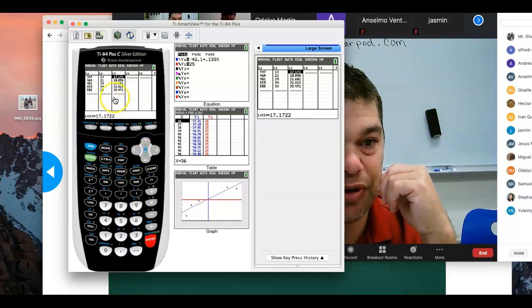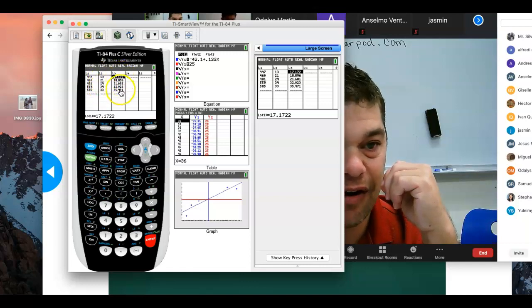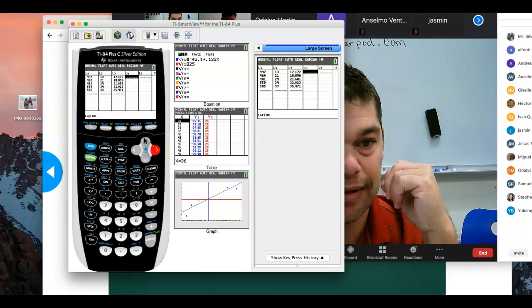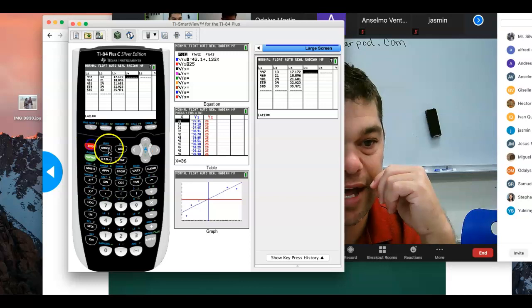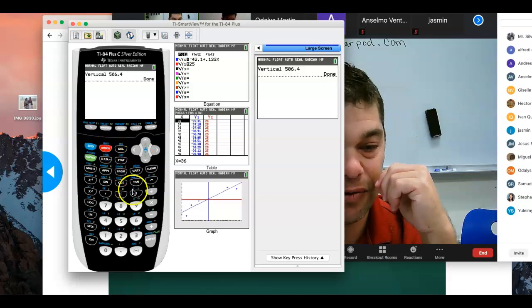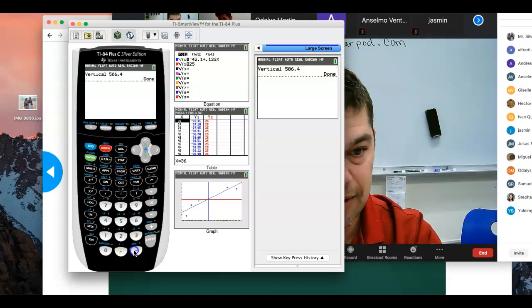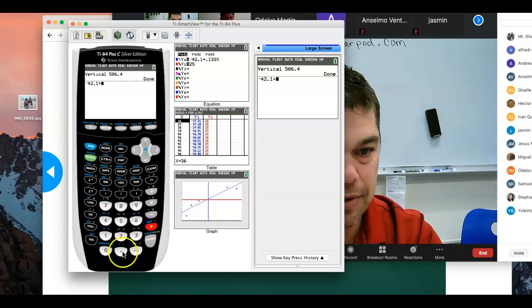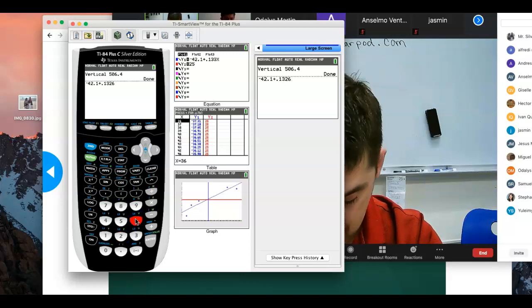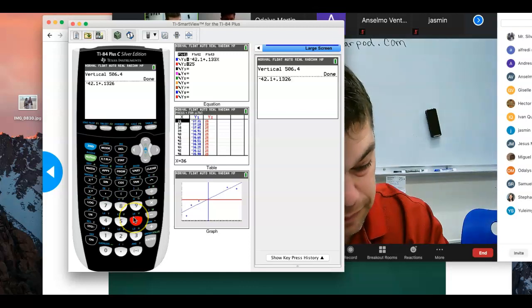And the difference between the actual values: list 2 is my actual values, list 3 are all my predicted values. So I just plugged in every number into the predicted values. I could also do that with my calculator. So I did that already. Negative 42.1 plus 0.1326 times, pick a number.